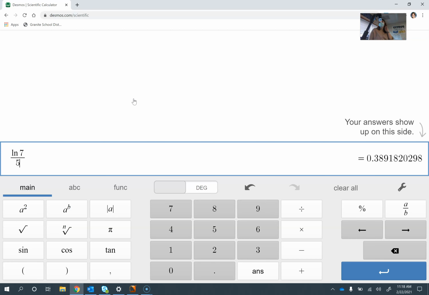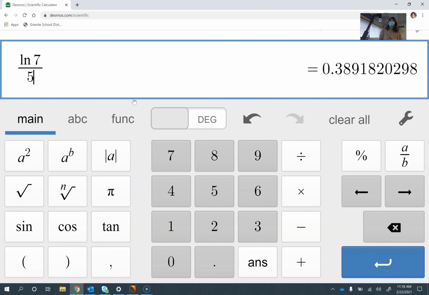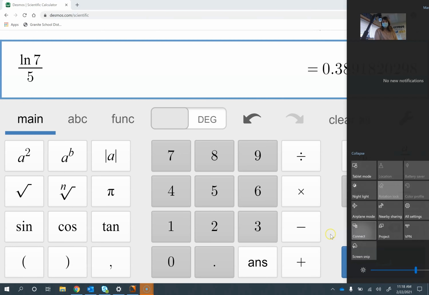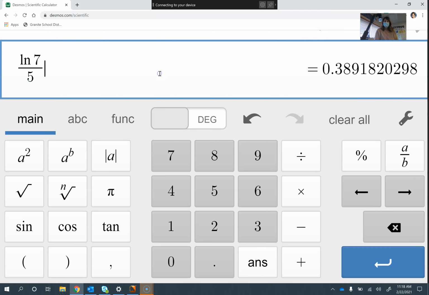And then we're going to round all of our answers, including the ones that we get on our quiz, to 3 decimal places. So if I zoom way in, maybe you can, oh yeah, that screen doesn't work. So what I'm getting from Desmos, let me see really quick if it'll let me connect, is 0.389.